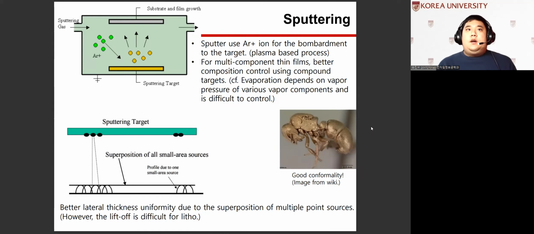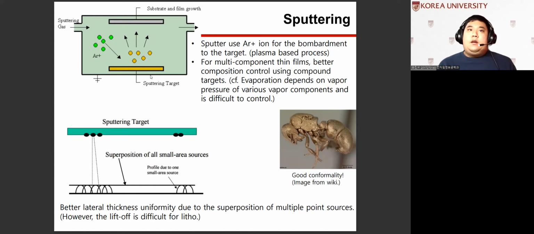Next, there is another way to make vapor: sputtering. We put argon, or a group 18 family gas material, and make the gas into a plasma-like state, and sputter this target.